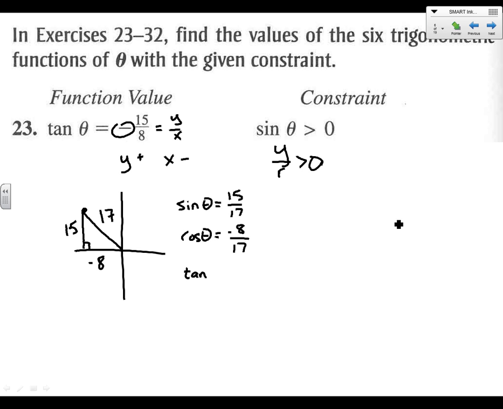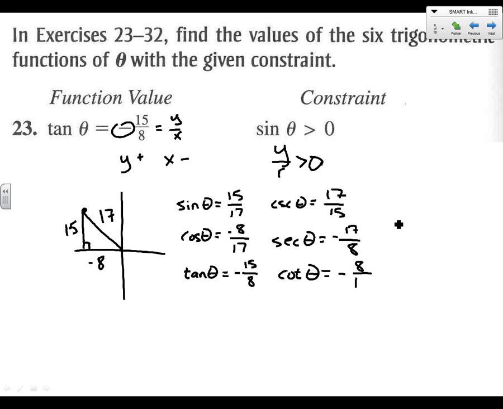Tangent, negative 15 over 8. Flip of sine is cosecant, 17 over 15. Secant is the flip of cosine, negative 17 over 8. And the flip of tangent is cotangent, negative 8 over 15.